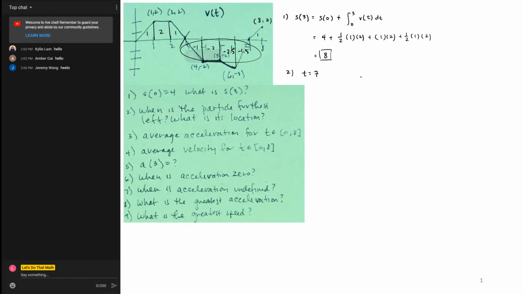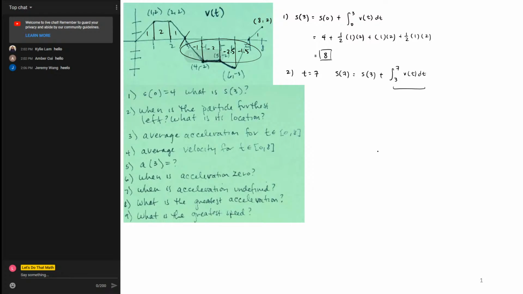Whatever the units are, the location is going to be s of 3, which we already know from part 1, so I'm going to use it again. But then plus the integral from 3 to 7 of v of t dt.